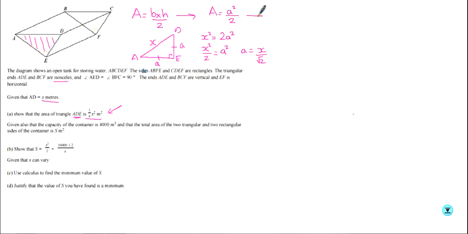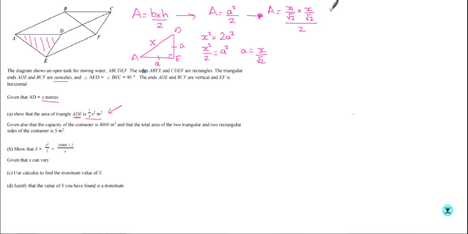So let's go back up to here. So area is equal to A squared. So that's going to be X over root 2 times X over root 2, and that is all divided by 2.